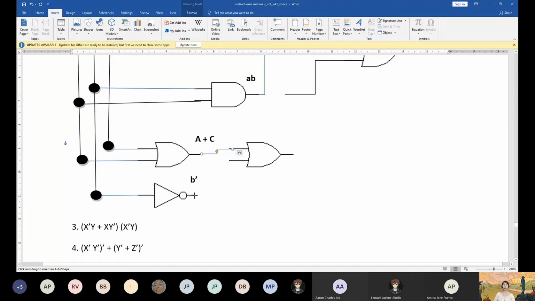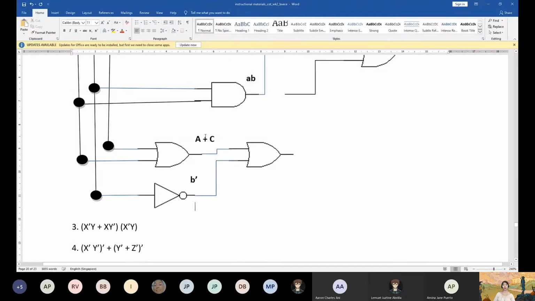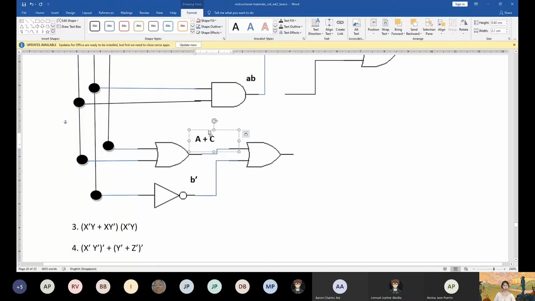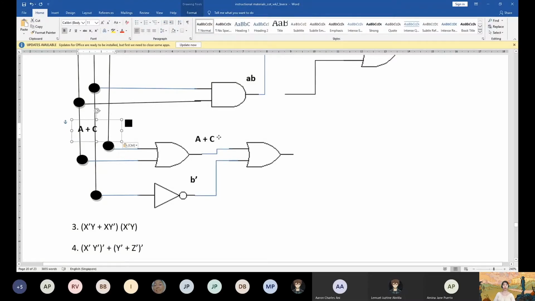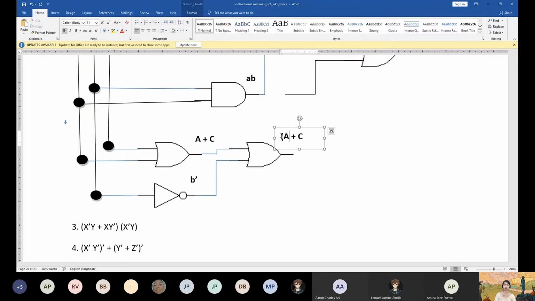You may ask questions. So we're actually using the associative property. If there's a need for three inputs, but the gate only has two inputs, you need to associate the A plus C first, then add it later on to B prime.